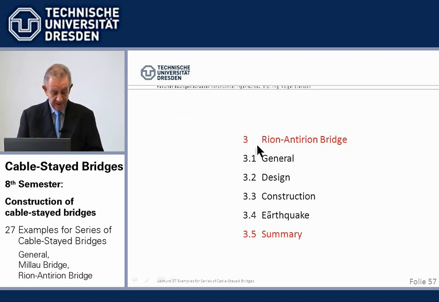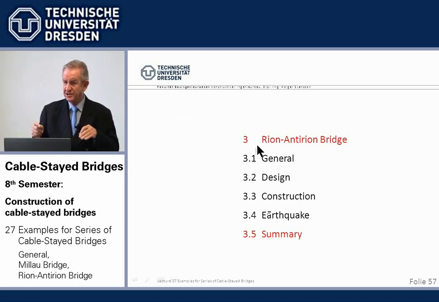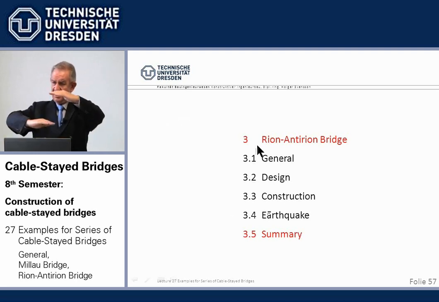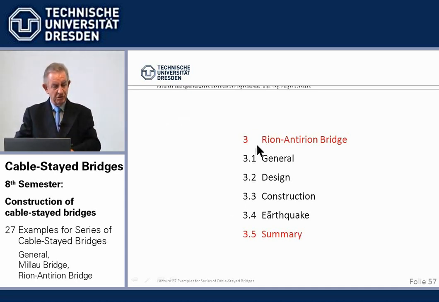So, the second bridge I showed you, Rion-Antirion, is special by its foundations, where there is a layer of gravel, unconnected, no pile connections between the foundations and the soil.